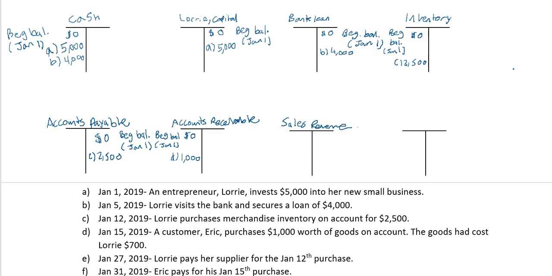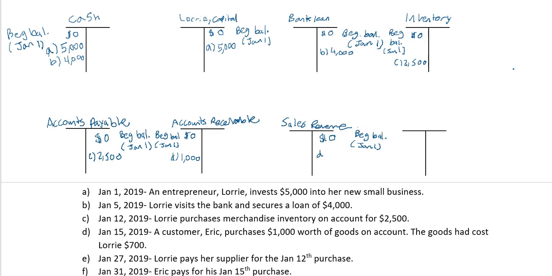And recall that revenue is at the top of your income statement and it is a credit balance. So we will put down the beginning balance here on the right side, starting off with, of course, 0.